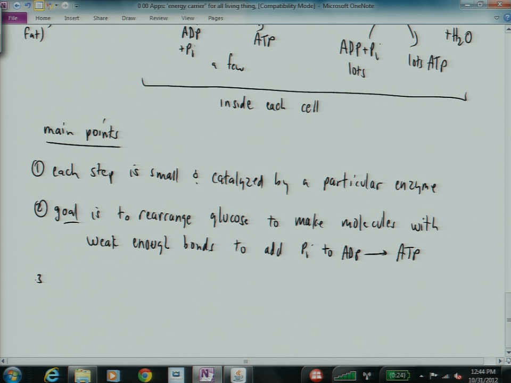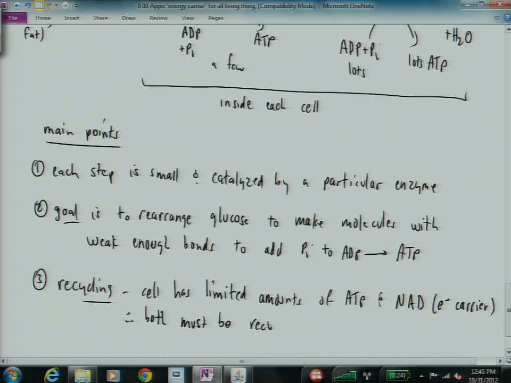The cell has limited amounts of ATP and a molecule called NAD, which we'll hear about a lot more next time, which is actually an electron carrier. Therefore, both must be recycled.